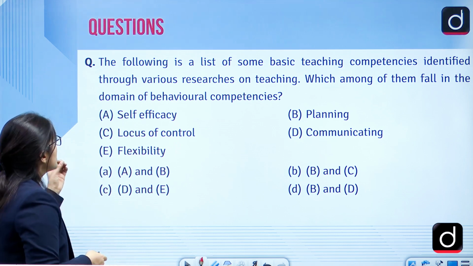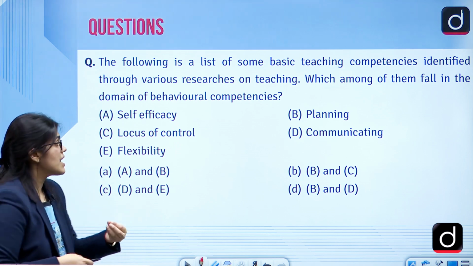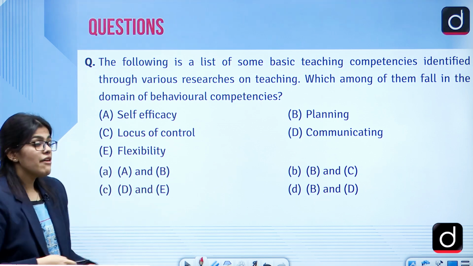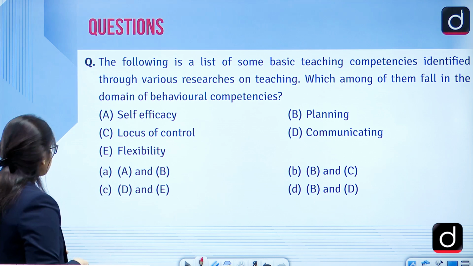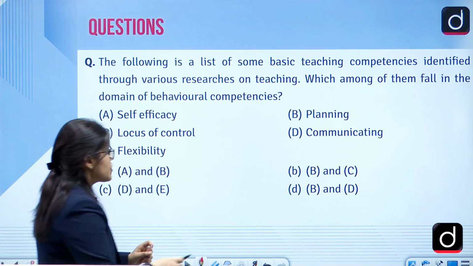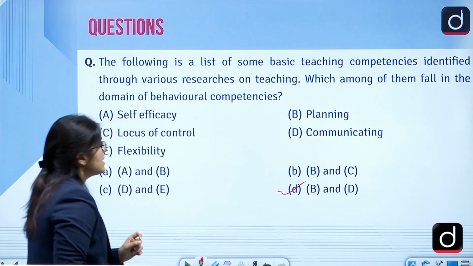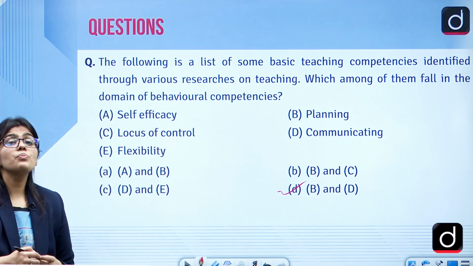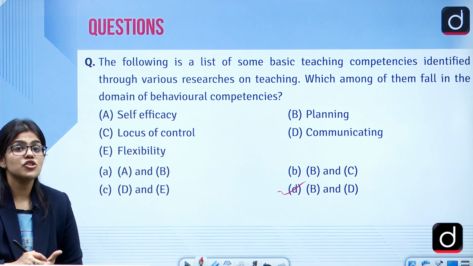I'll read again. A, self-efficacy; B, planning; C, locus of control; D, communicating; and E, flexibility. So I'll show you the answer. The answer is B and D. That means planning and communicating are the two behavioral aspects that the teacher shows.